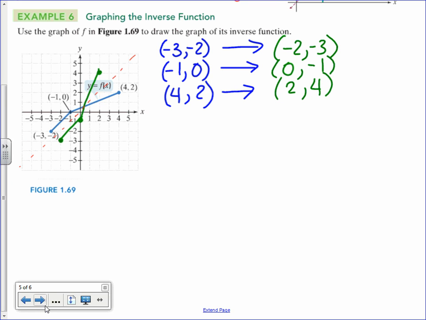You can see that they are reflected across that line, right? What do we call that line? What's that special name? Identity function.